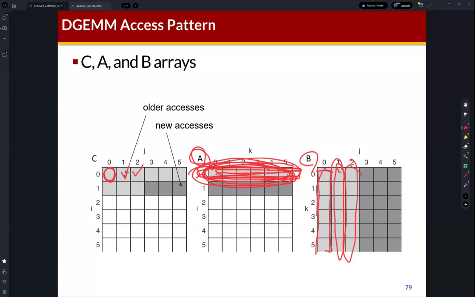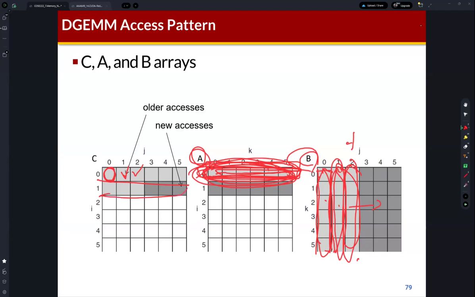Column data is used here, here, here, right? Like this. So actually, for the single row computation, we cannot observe locality for this matrix B. But we can also observe the locality of matrix B. Why?